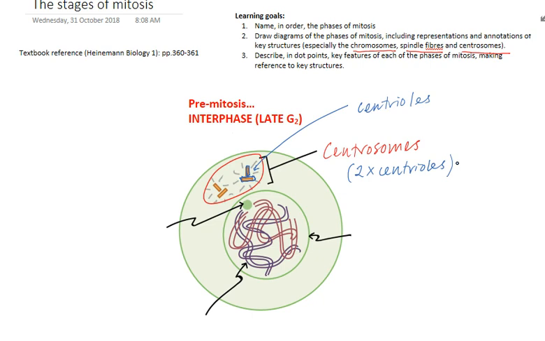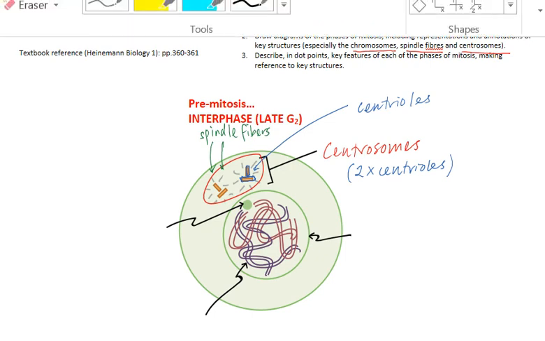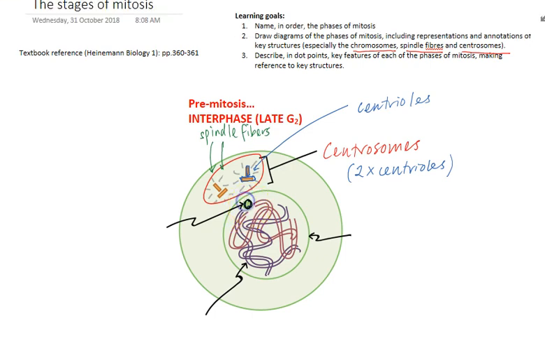So our centrosomes are where the spindle fibres originate from, and we do see some of the spindle fibres coming out of the centrosomes here. You see the spindle fibres are very short, but they're there, coming out of those centrosome structures. We have labeled here this little green thing, which I've now highlighted in black, and it is the nucleolus.